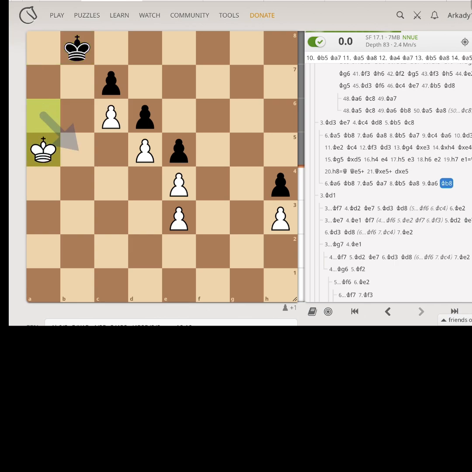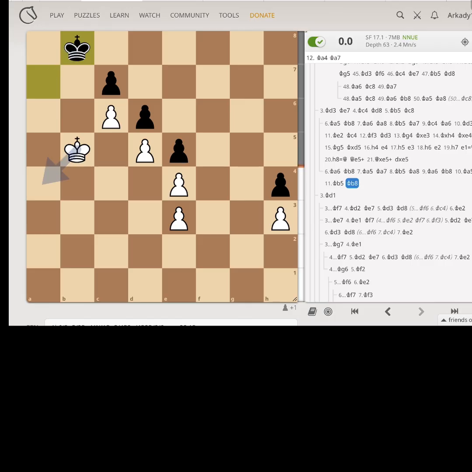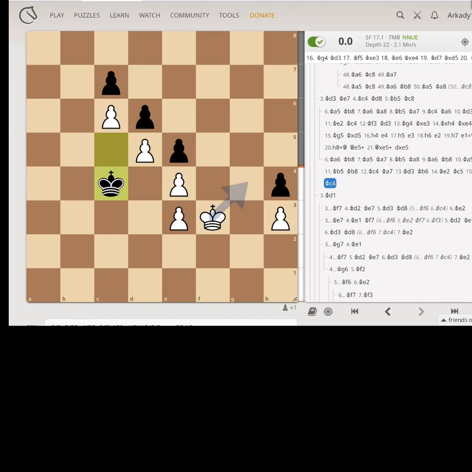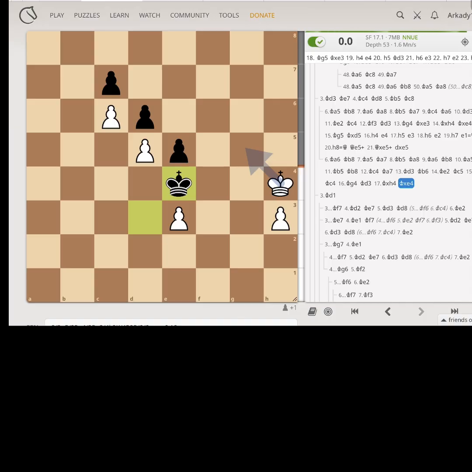Or if white moves here, white moves back, black will follow, and it will be a draw if white actually gets to g4. Black needs to move here, white here, black here, white takes a pawn, so it will basically be a draw, because in that case white and black pawns will become queens at the same time.